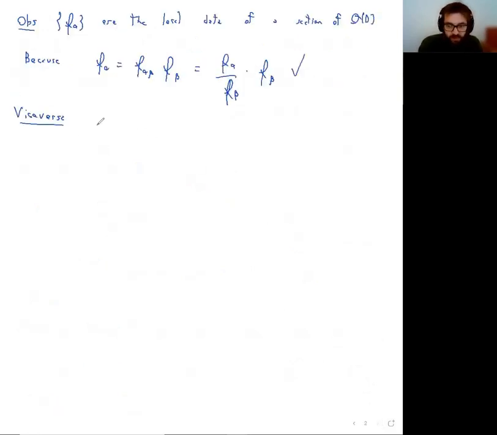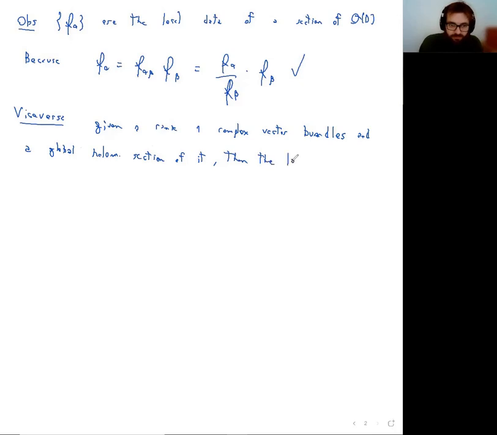But if we're given a rank 1 complex vector bundle, these are usually called line bundles because this is a complex line, and besides the line bundle we also give a global holomorphic section of it, then the local data of the section determine a Cartier divisor.